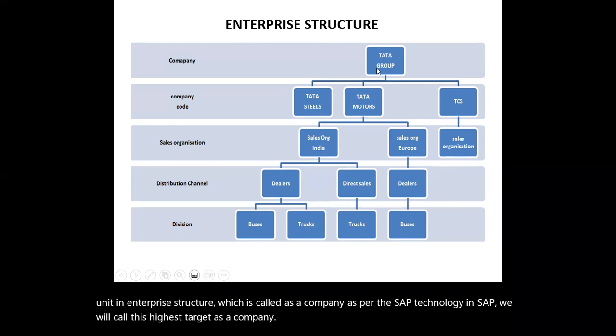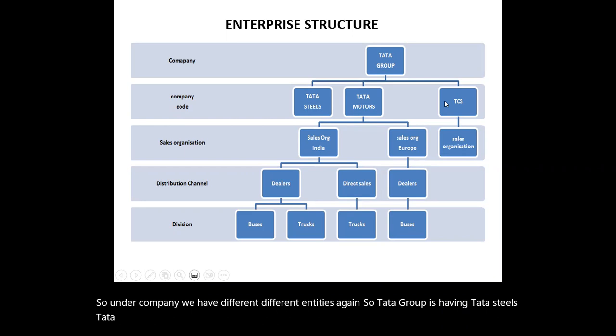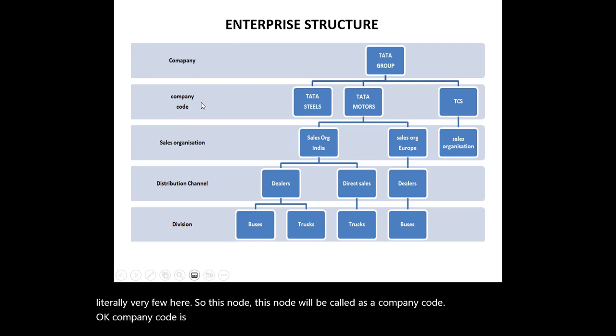Under the company, we have different entities again. Tata Group has Tata Steel, Tata Motors, TCS, and there are many more. I've just listed a very few here. This node will be called a company code. The company code is the highest organizational unit in FICO, finance and controlling, because the company code is responsible for all finance related activities.